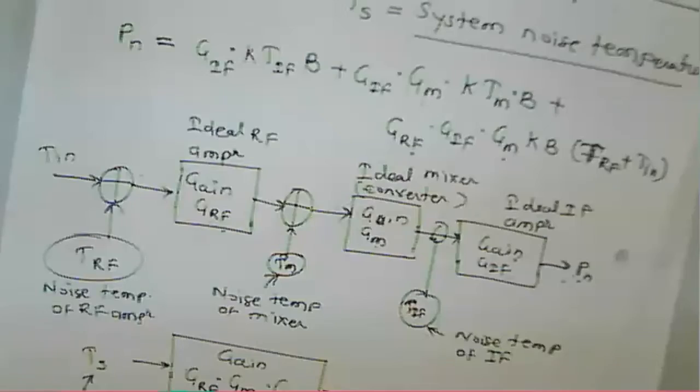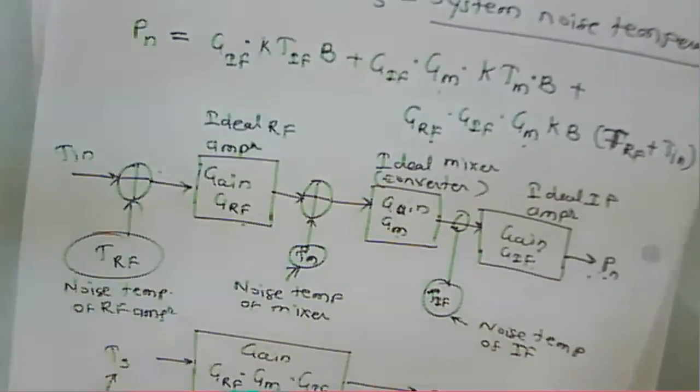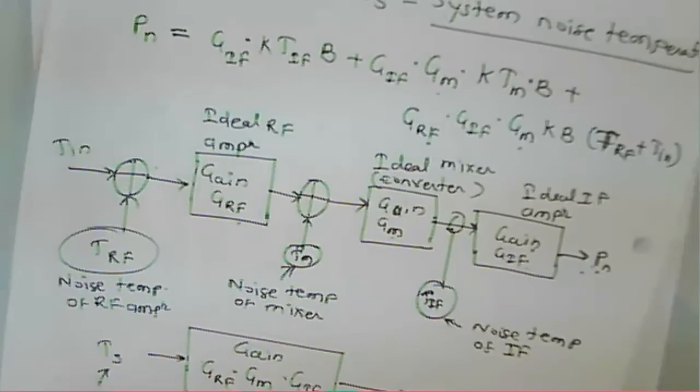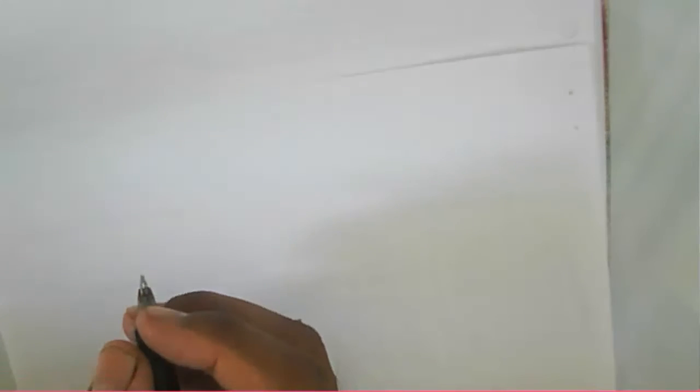Then from this we can calculate the noise figure, and that noise figure is nothing but the input signal to input noise power, or you can find the output noise power and so on.